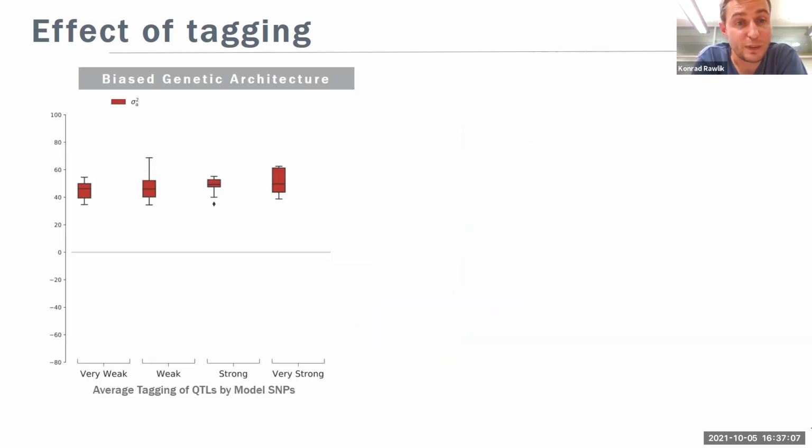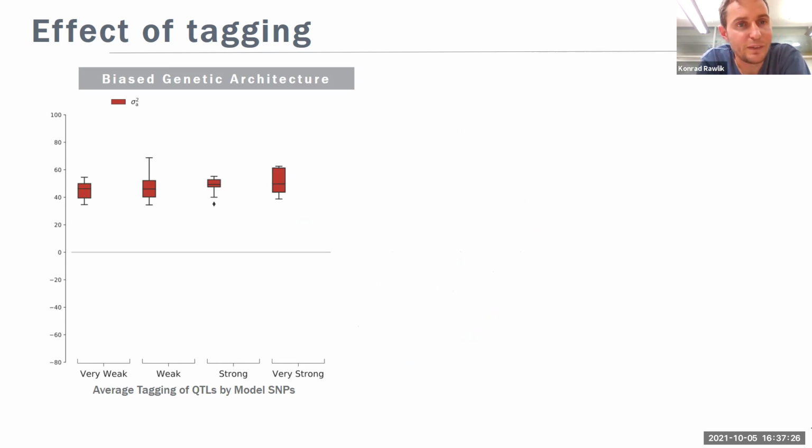So what we can do is look at what happens under different assumptions about how QTLs behave. It has been argued that QTLs are not randomly distributed with respect to how well they're tagged by the surrounding SNPs, due to processes like selection and so on.